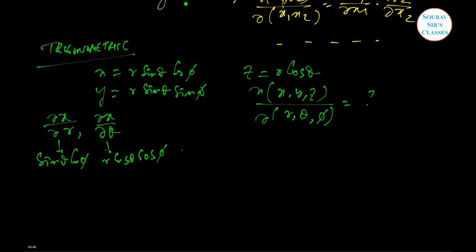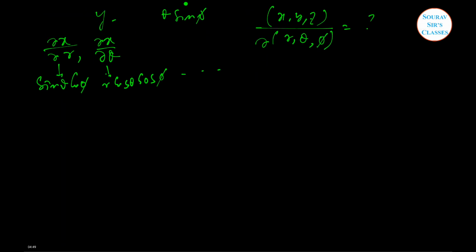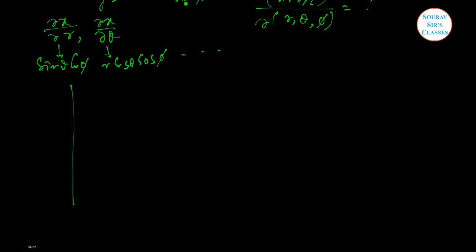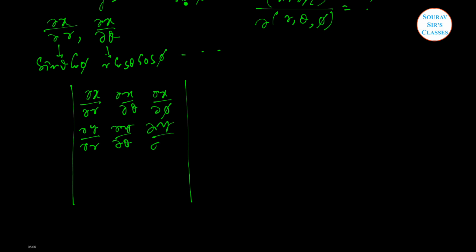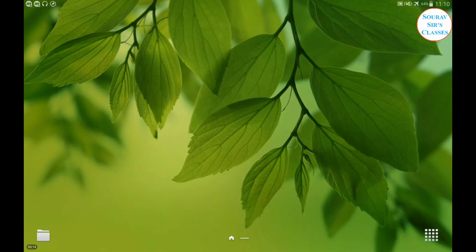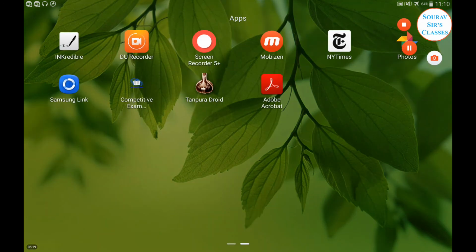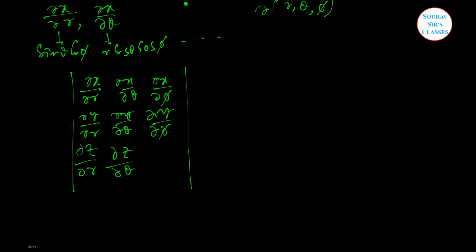Finally, if you proceed in that way, the determinant I'm rewriting will look like this: del x del r, del x del theta, del x del phi, and the same thing with y, and lastly the same thing will also come with z, and this is del z del phi.